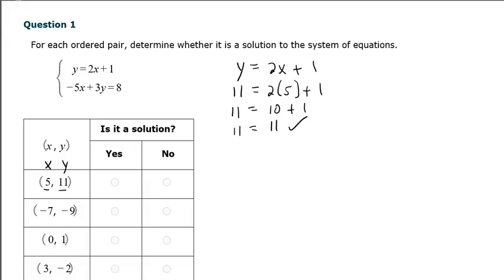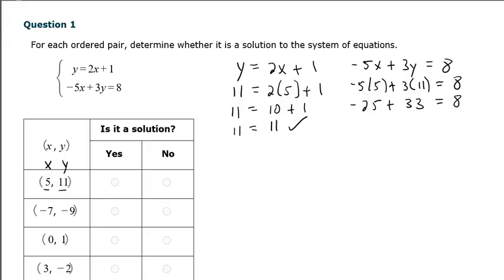We need to plug the 5 and 11 into the second equation, the negative 5x plus 3y equals 8. So again, we're going to replace x with 5 and y with 11. So negative 5 times 5 is negative 25. 3 times 11 is 33.